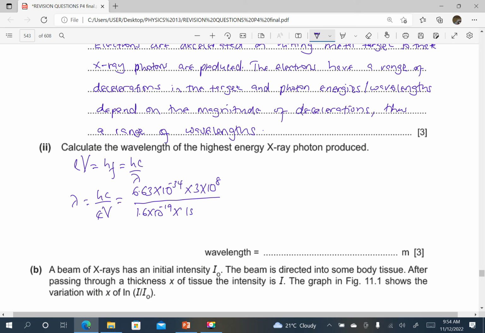So that is 15,000. Pressing my calculator, I have 8.3 times 10 power negative 11 meters.